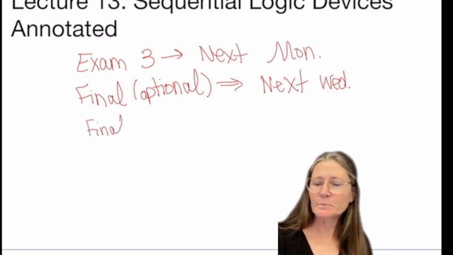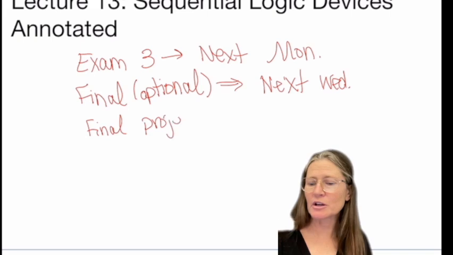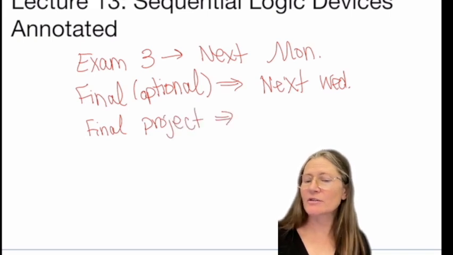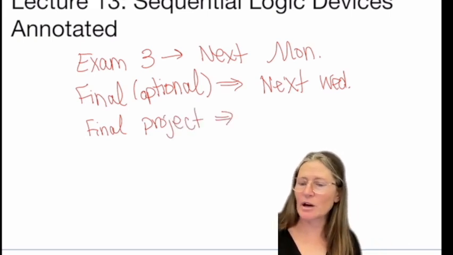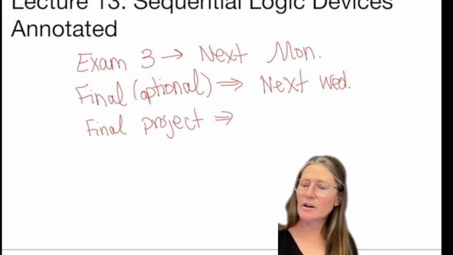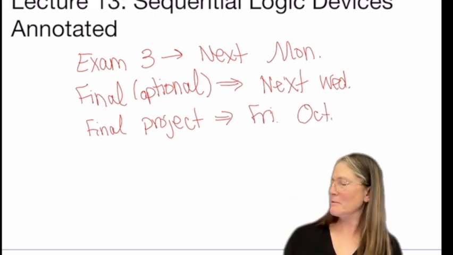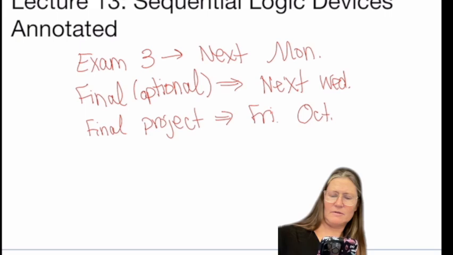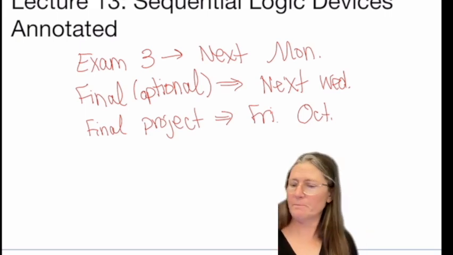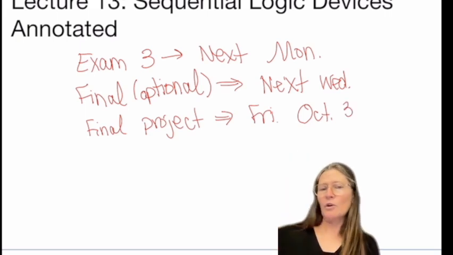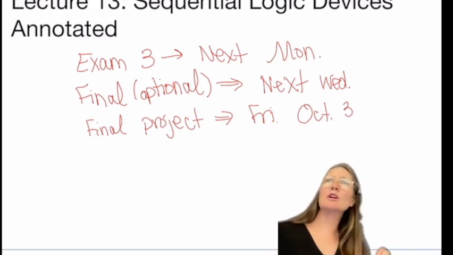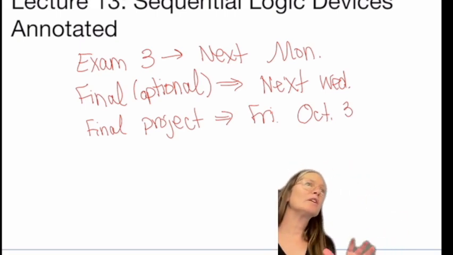The final project will be due not this Friday, but a week from Friday, so you have 2 weeks. Friday, October 3rd, yeah. For that, you will be demonstrating in class in small groups.